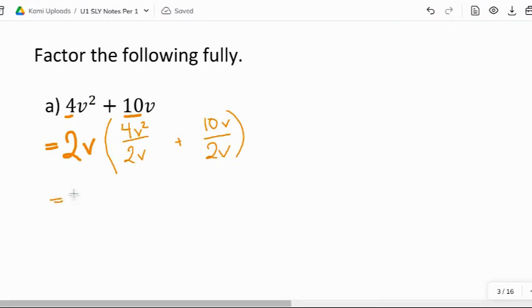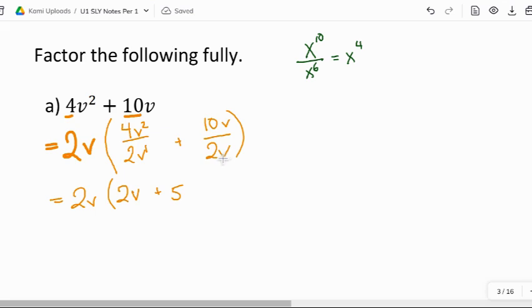And it doesn't go away. Okay, 4 divided by 2 is 2. V squared divided by v to the power of 1. Okay, quick reminder, if I have x to the power of 10 divided by x to the power of 6, what is it? X to the power of, good. So what are we doing with the exponents? Subtracting. Good. So v squared over v is just v. 10 divided by 2 is 5.